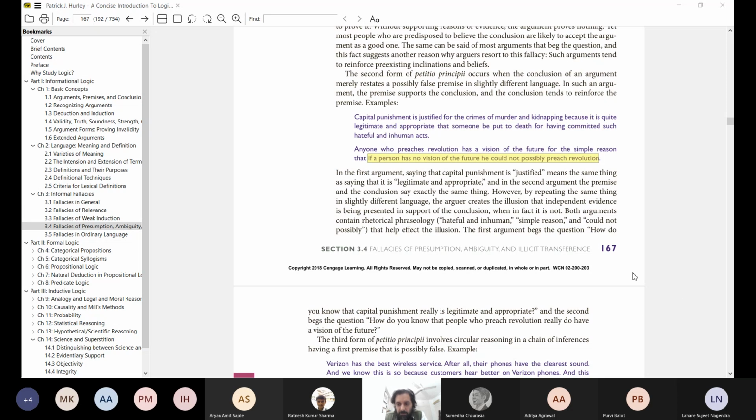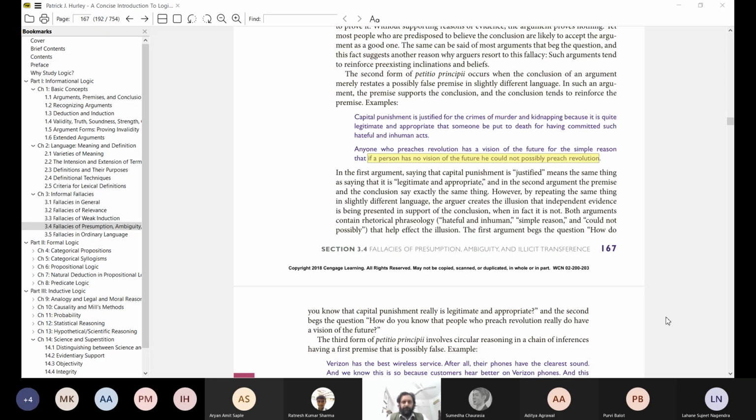If all you offer as a premise is all A's are B's, that's not providing any independent evidence. This is, I think, what Aryan's point is. This could be helpful as long as you had some further evidence for this claim that all A's are B's. But by itself, this claim doesn't provide any independent evidence for this claim.